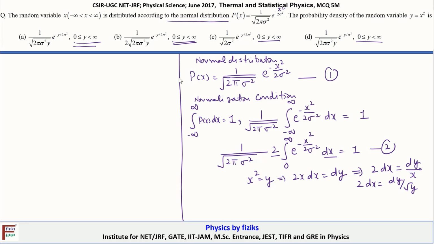Now what are the limits? As x goes to 0, y also goes to 0, and as x goes to infinity, y also goes to infinity. So the limits of integration will not change.